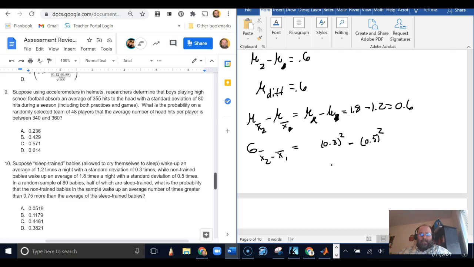So that's going to be my new variance. And because I'm taking like half from each, I only have 40 samples here, right? Because I have 40 of one, 40 of the other, and then I'm subtracting them, right?